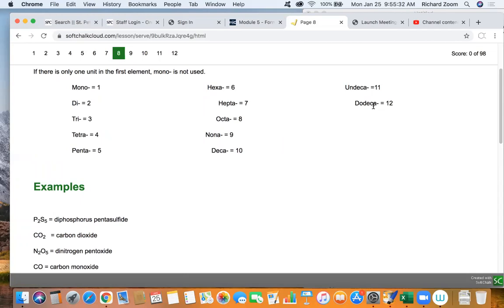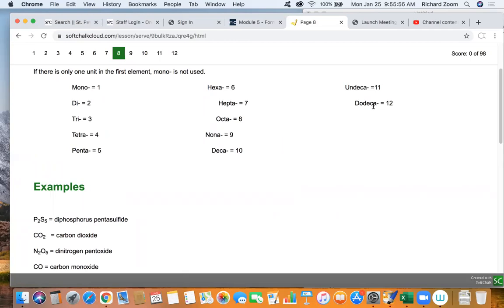Hexa, hexagon. Hepta, like heptathlon or heptagon. Octa, octagon or octopus. Nona, well, nona sounds like 9. Deca, 10, decade. And undeca and dodeca, 11 and 12. Does anybody have any questions so far?